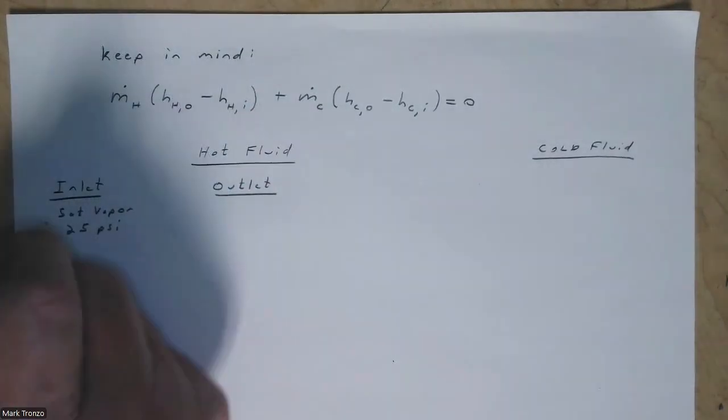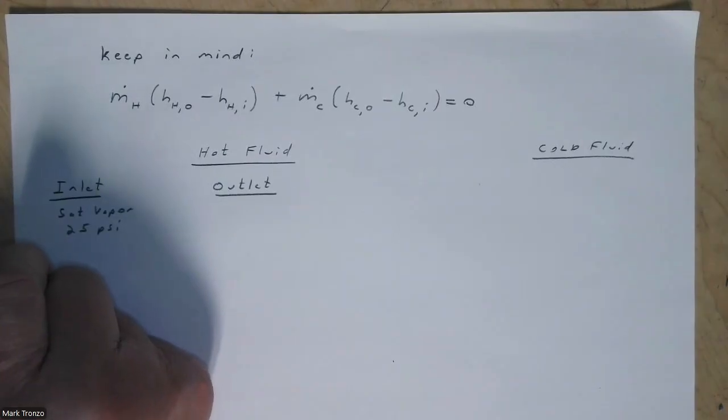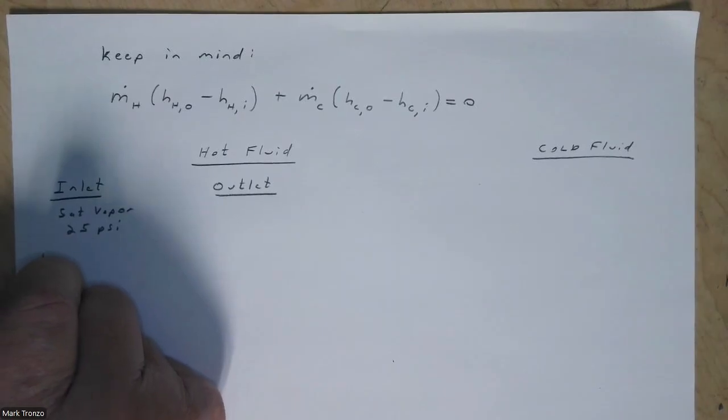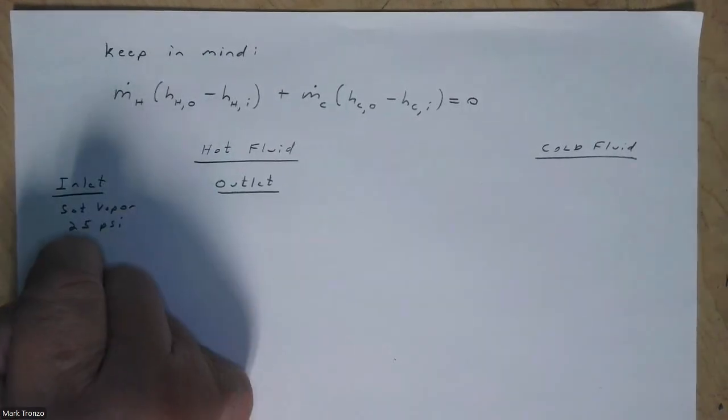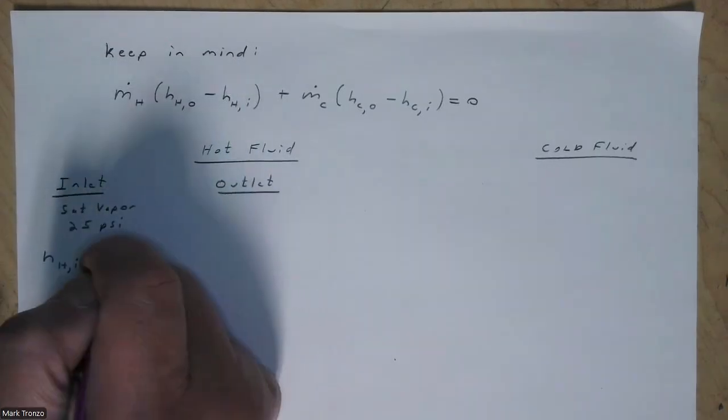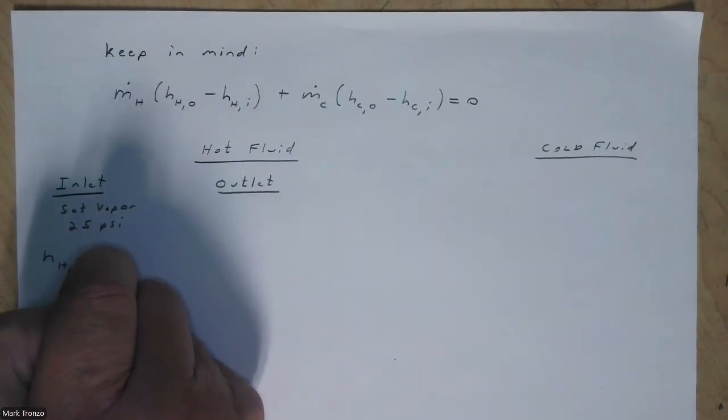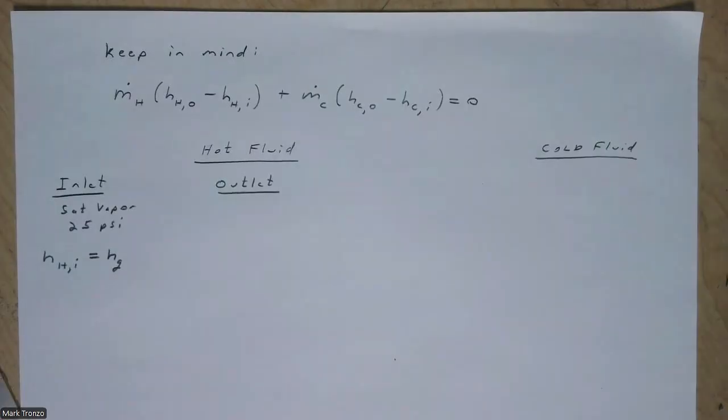Since it's saturated vapor, that's going to be our hot, and that's going to be our inlet. So that's going to be HHI, and since it's saturated vapor, it's going to be equal to Hg.